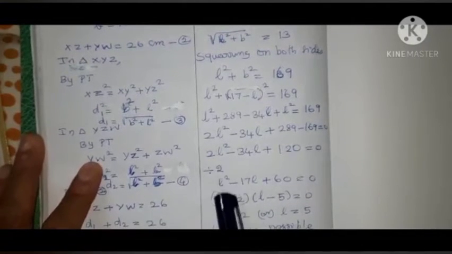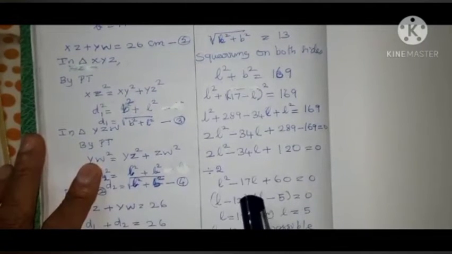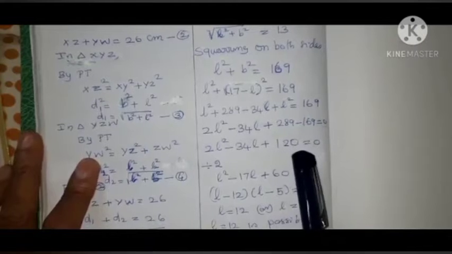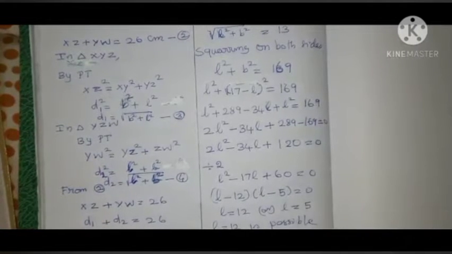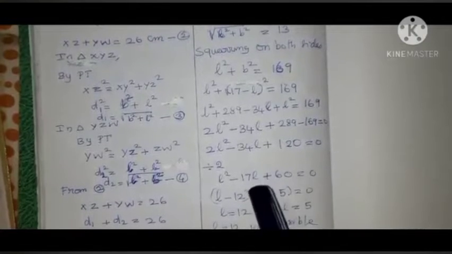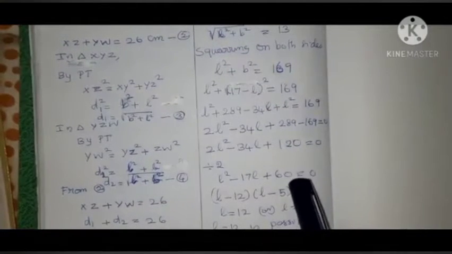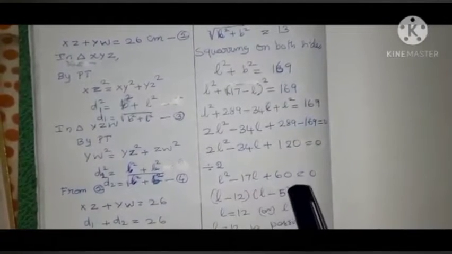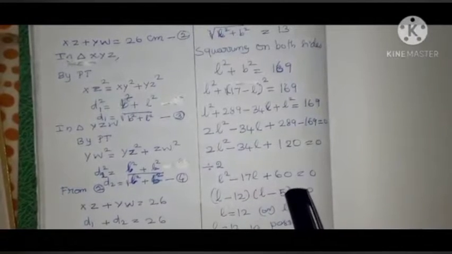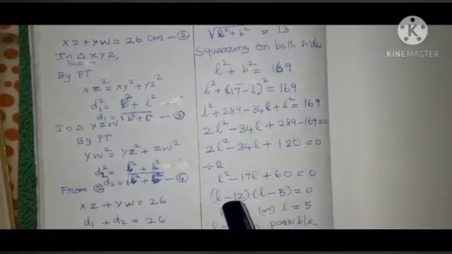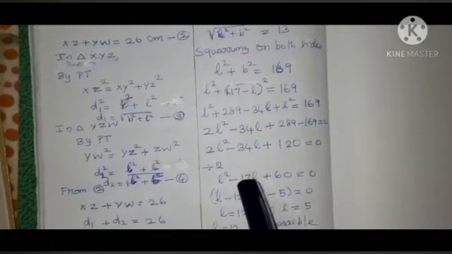Divided by 2, we get L square minus 34 by 2, 17, 17L plus 120 by 2, 60 is equal to 0. By factorizing, the sum of the roots is minus 17, product is 60. 12 into 5, minus 12 into minus 5 is plus 60, minus 12 minus 5 we get minus 17.